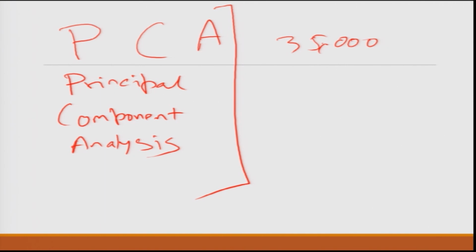More often than not, it means more noise. So principal component analysis tries to see whether we can summarize some of these variables and have one variable represent them. So say x1, x2, xn are your variables.